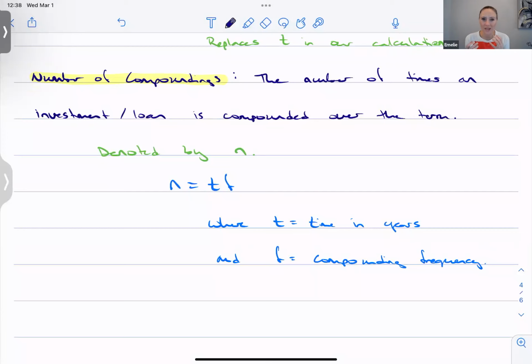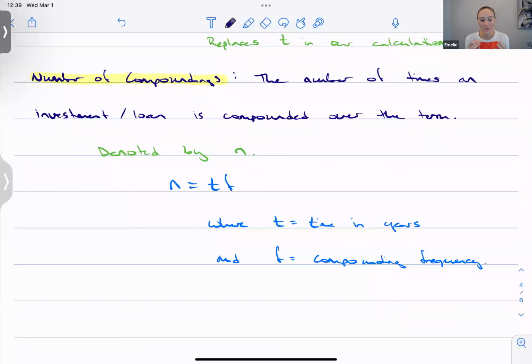So how we calculate time is now going to be in the number of compoundings, but it's built off of time in years. Nothing crazy. Okay, the next thing that changes is this interest rate. We are always going to be given the interest rate per year, right? 3% per year, 4% per year.